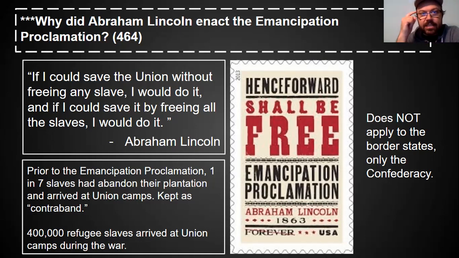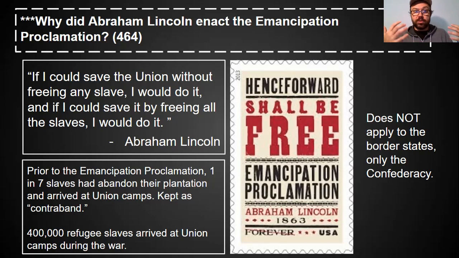because eventually there's going to be one general that gets it, right? And a whole bunch of slaves are going to show up and say, we escaped. Will you let us stay here? And he was like, well, hold on. If you're here instead of on your plantation, then who's working on the plantation? Nobody. So he realized, wait a minute. If we start to encourage the slaves to leave their plantations, then the entire Southern economy will collapse. And we already have a blockade around the South.